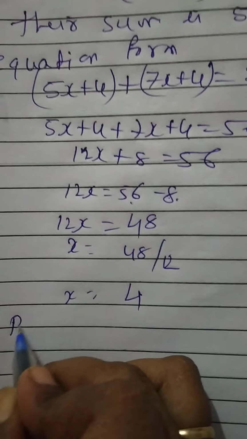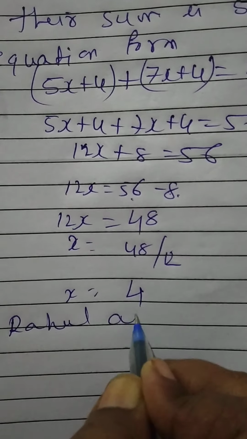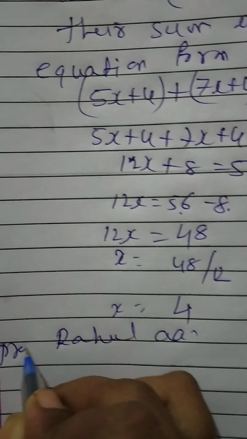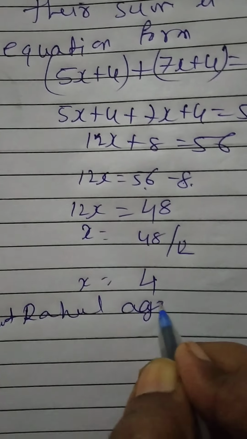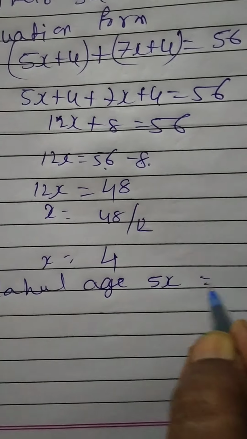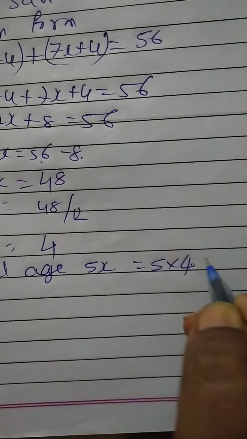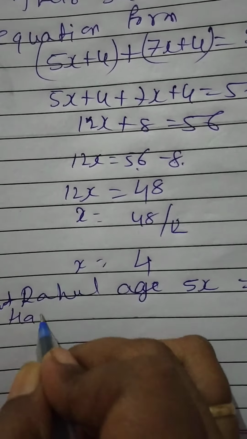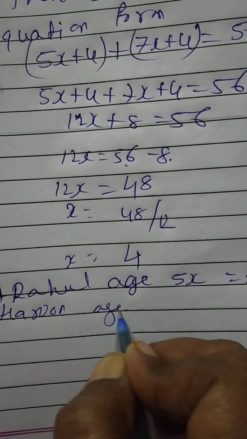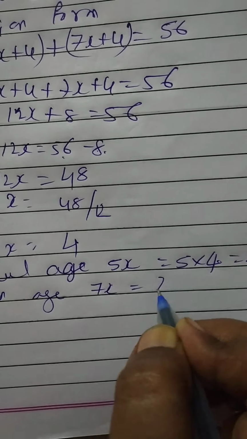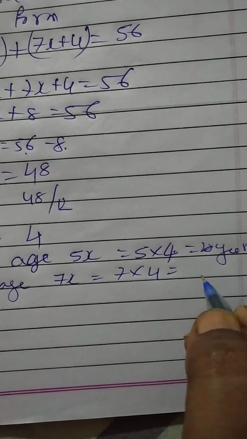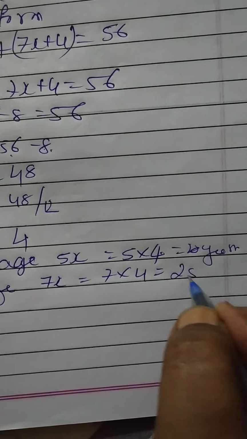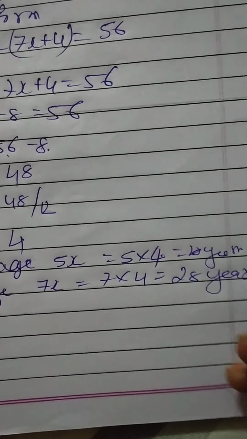What is Rahul's present age? Rahul's age is 5x, which means 5 multiplied by 4, that is 20 years, and Haron's age is 7x, which means 7 multiplied by 4, that is 28 years.